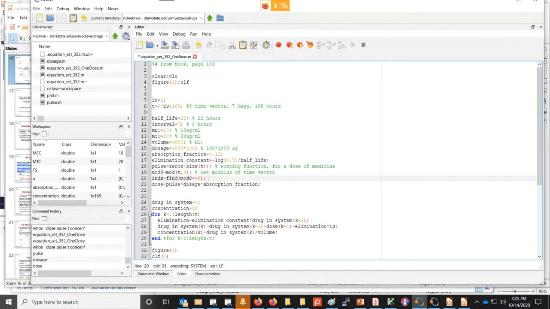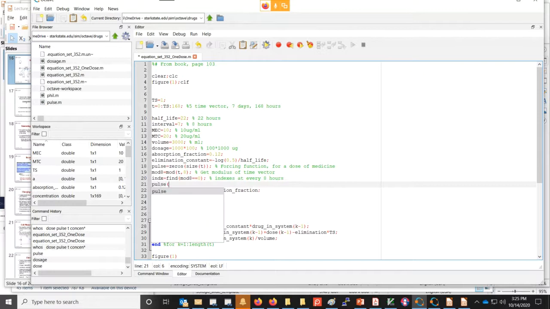So those are the indexes at every 8 hours.